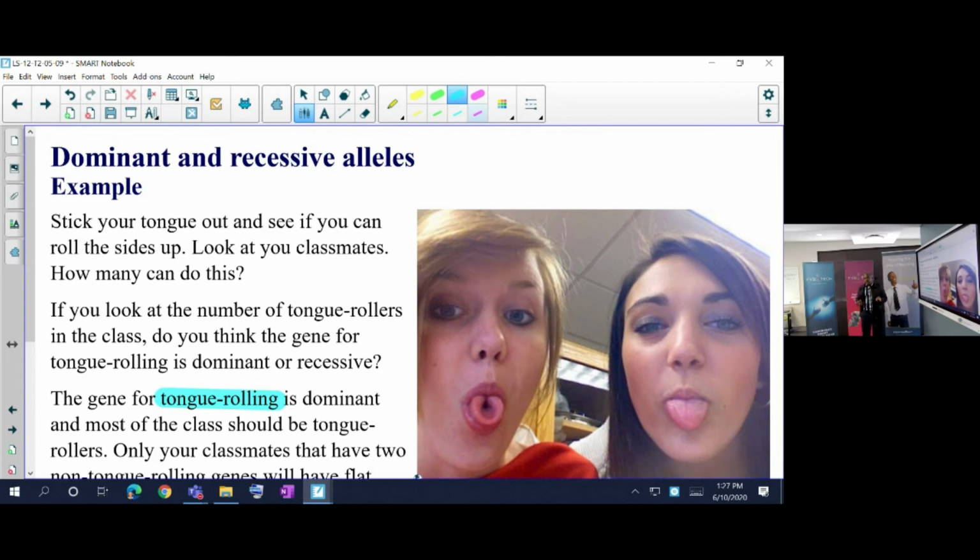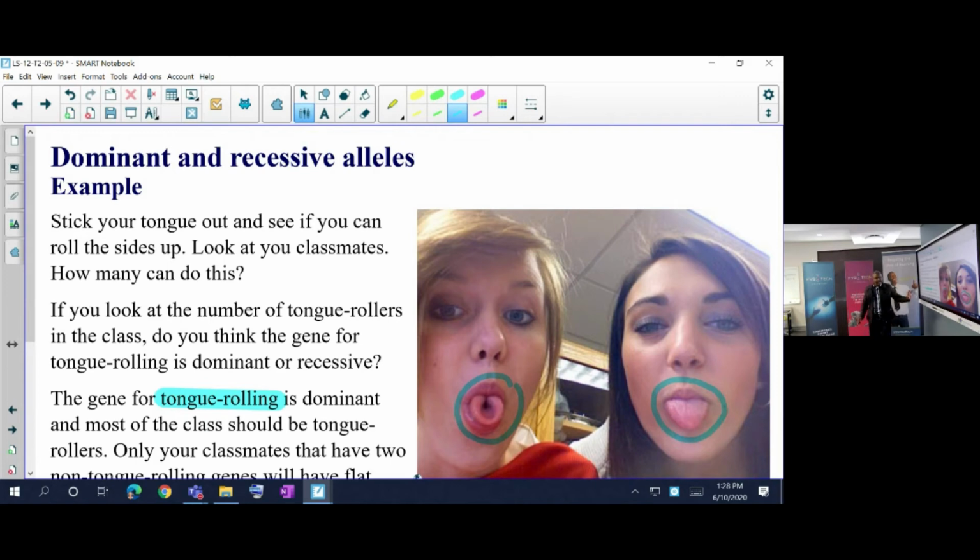So for you to be able to roll your tongue, you should be carrying the dominant allele of the gene that determines tongue rolling. That determines you as a tongue roller or a non-tongue roller. If you are following, my first example here should be carrying at least one of the dominant genes for tongue rolling.